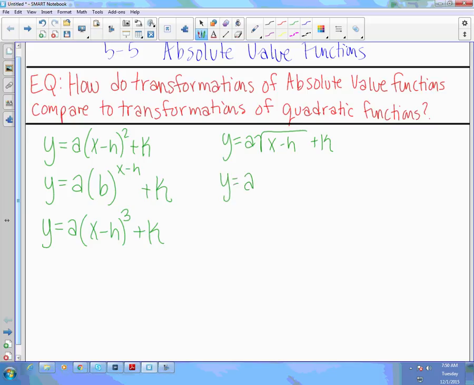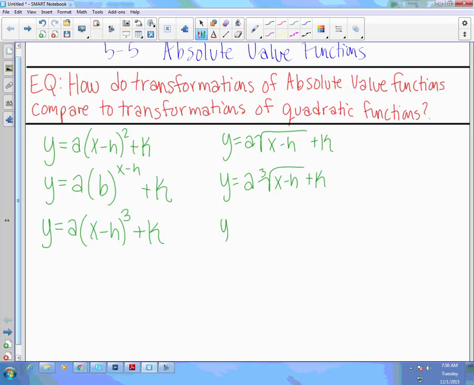Next year, we'll also learn a cube root function. We talked about cube roots. Remember how the index becomes the denominator of your exponent? And what am I missing?